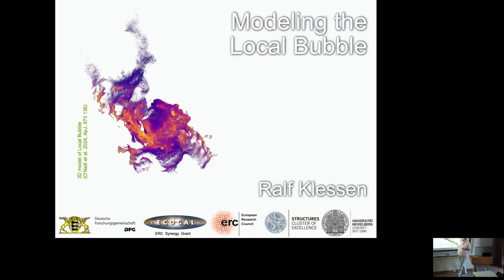And it has a very complex shape. I think this is something we have learned from much of the work that has been done here, that this is not a spherical bubble, as your favorite H2 region 20, 30 years ago. This is super complex. It really links to the dynamical and complex multi-phase interstellar medium.